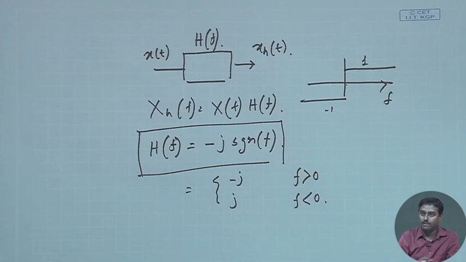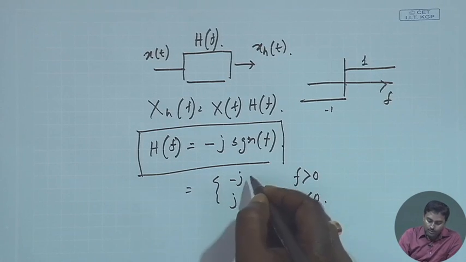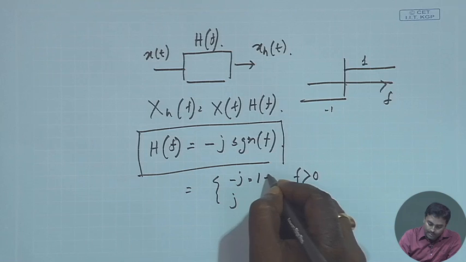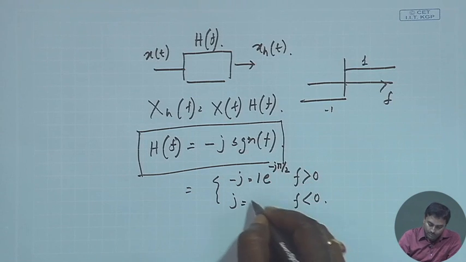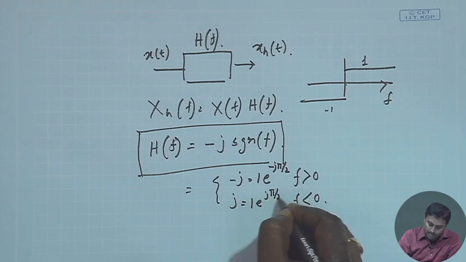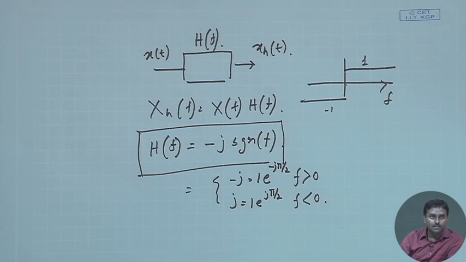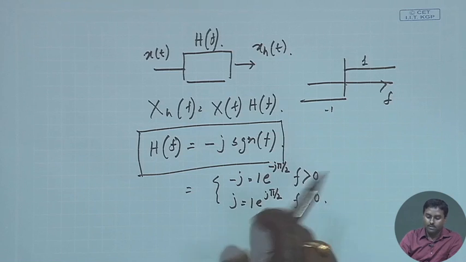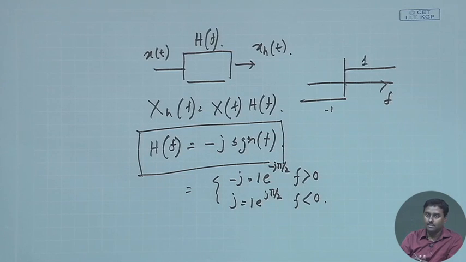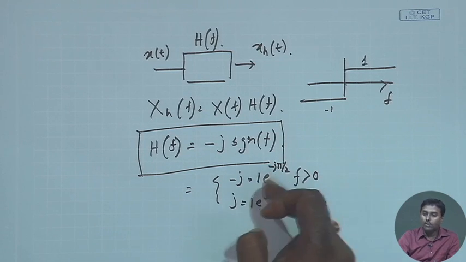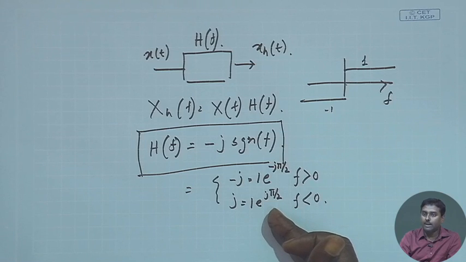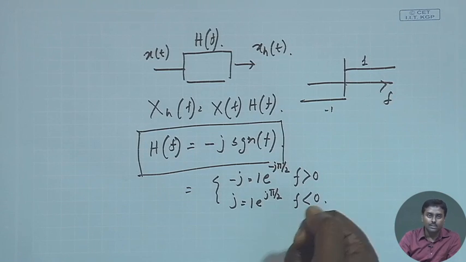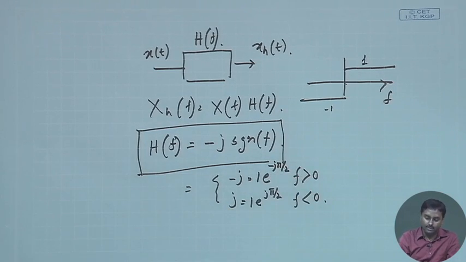This is the definition of H(f), which I can further write as 1 into e to the power minus j pi by 2 for positive f, and 1 into e to the power j pi by 2 for negative f. Just put Euler's theorem: it will be cos pi by 2 plus j sin pi by 2. Cos pi by 2 is 0, and j sin pi by 2 is j. And the other one will be minus j.